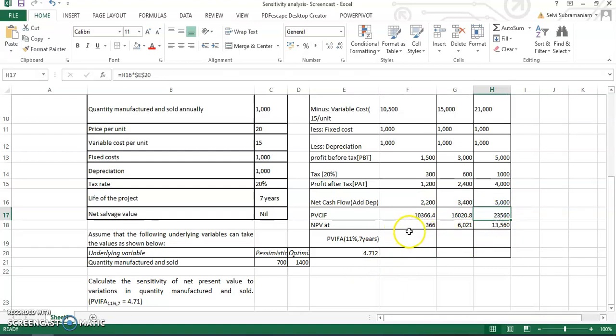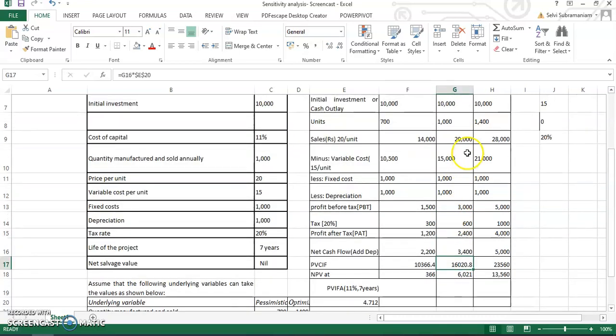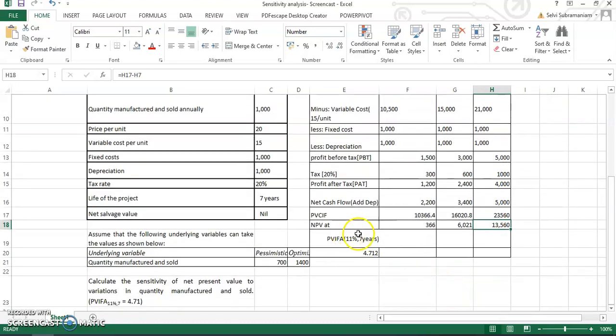How did we get the NPV? NPV is equal to PVCIF minus PVCOF. So 10,366 minus 10,000, we got 366. Same way, 16,020 minus 10,000, we got 6,021. Again, 23,560 minus 10,000, which is 13,560. So we have got the NPV for all three situations.